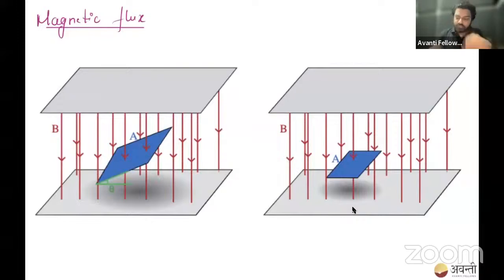So first of all, what is magnetic flux, bachcho? If I take a magnet and one iron piece, and that iron piece is very far away from that magnet, there will be no influence. This iron piece will not experience anything.